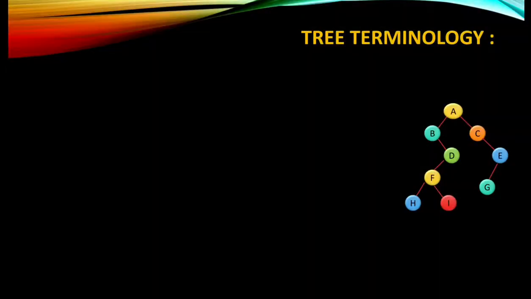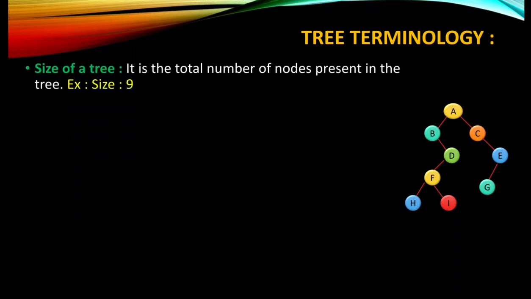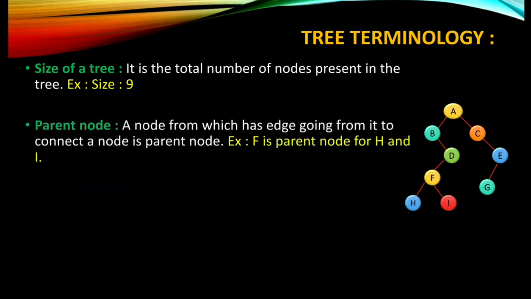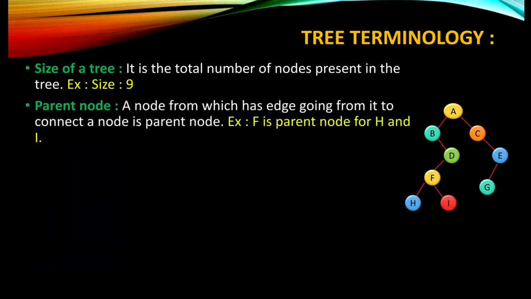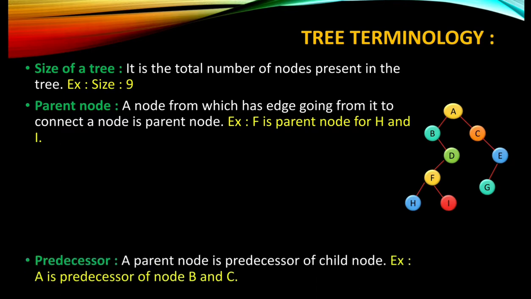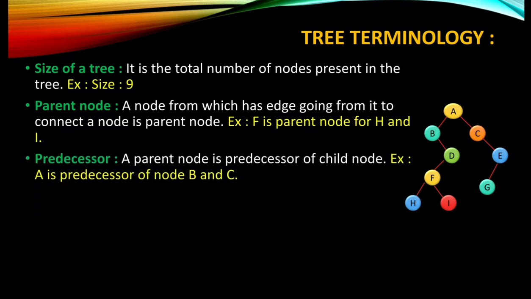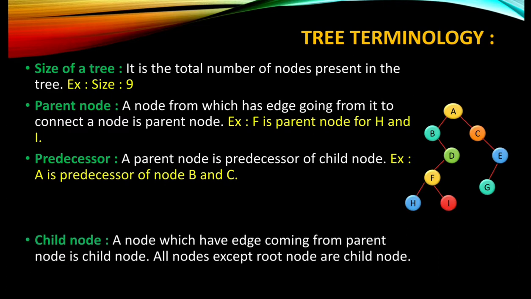And now I'm moving further with more terminology, that is number 1, size of a tree. Another terminology we have: size of a tree means the number of nodes present in a tree. You have to count them and write it. Then parent node, I already told you in detail. Then predecessor: a parent node is a predecessor of a child node.